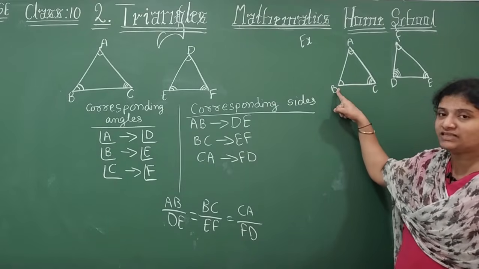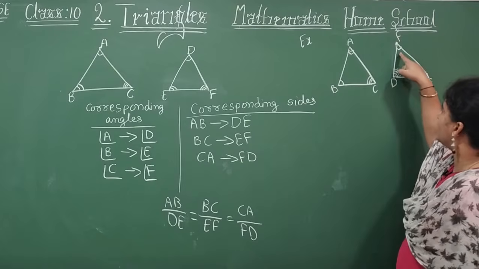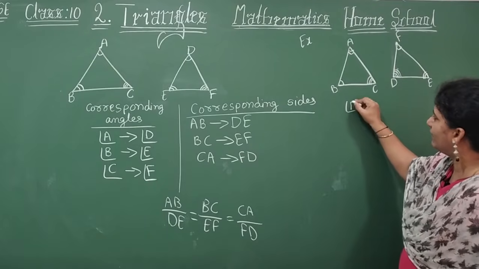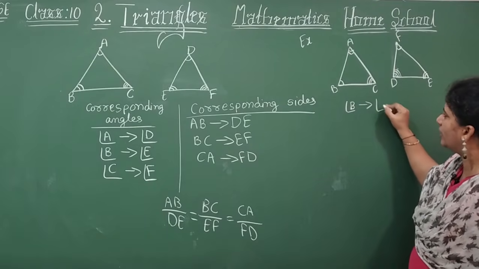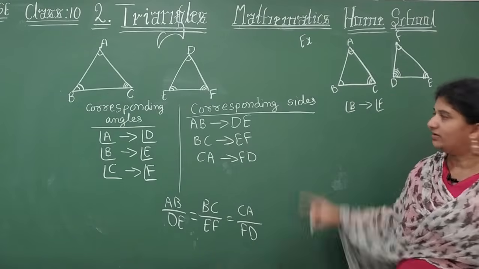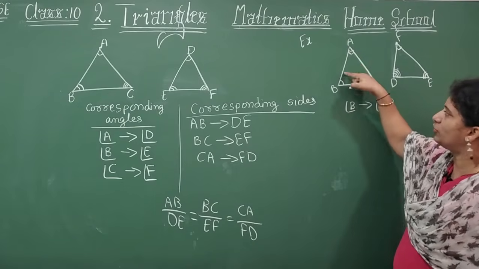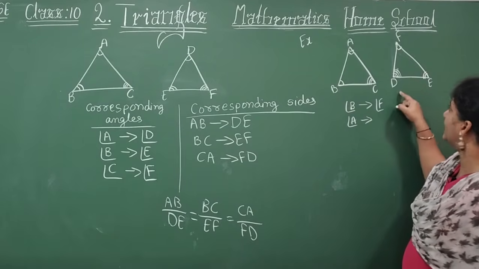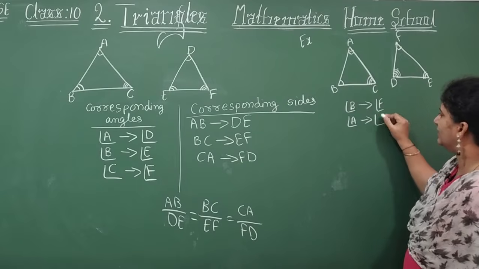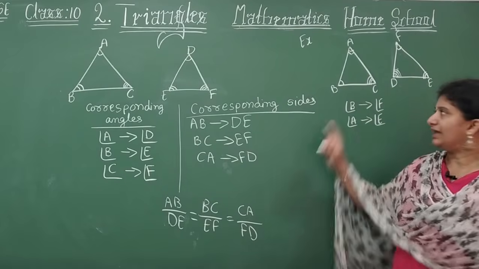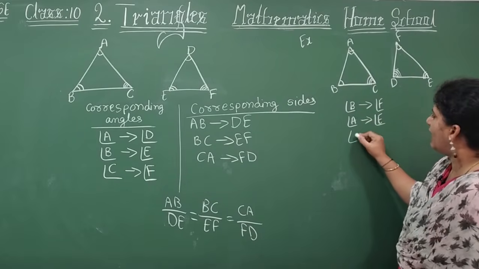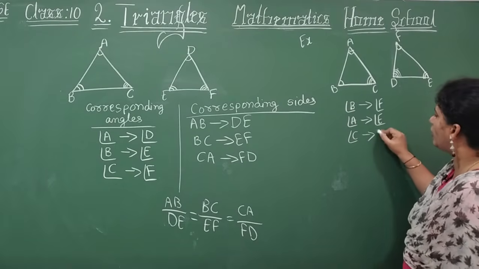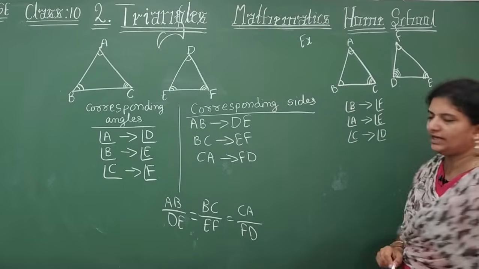Angle B is corresponding to, where is one arc here? Angle F. Angle B corresponding to angle F. And angle A has two arcs. Where are two arcs in this triangle? It is angle E, right? Then coming to three arcs, angle C is corresponding to angle D.